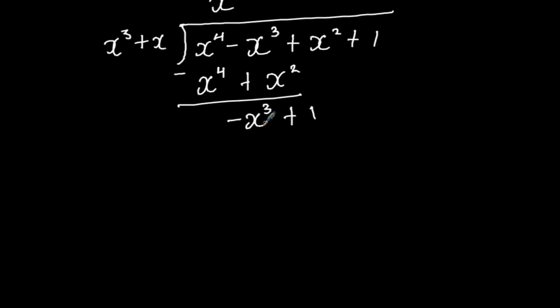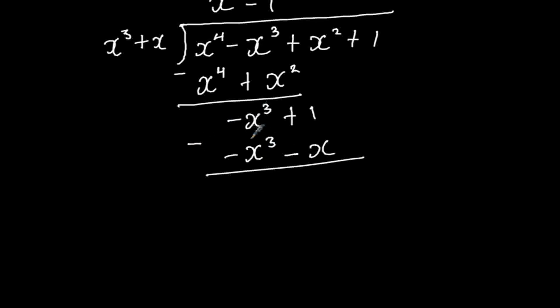we continue dividing. X cubed divided by x cubed, you get 1, but negative because of this. And then multiply this times that to give us negative x cubed, and negative 1 times x, you get negative x.